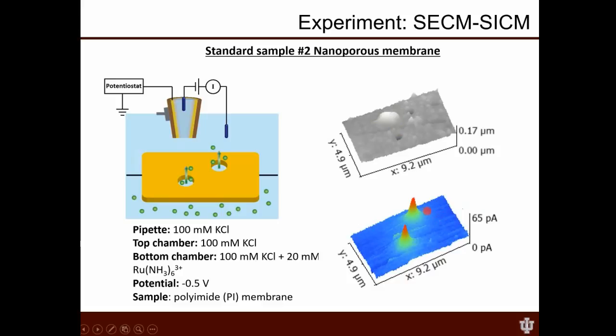If you look at the ion current image, though, we can readily observe the diffusion of ruthenium hexamine through these pores in the membrane. And the other interesting thing is, because there is no specific electrochemistry at this divot or this feature, we're not measuring the electrochemical electrode. So this is a way that SICM and SECM can be decoupled again to make this kind of measurement.